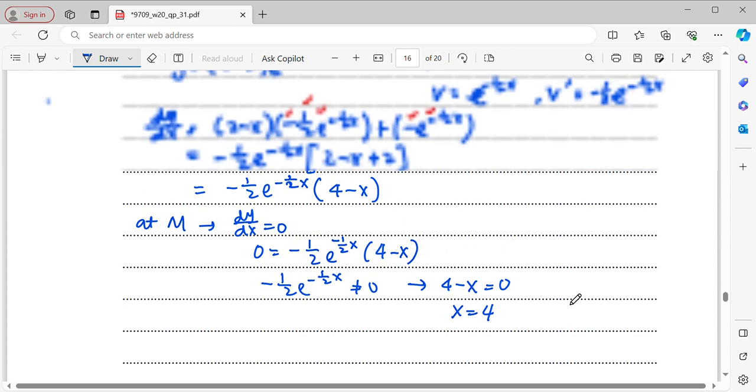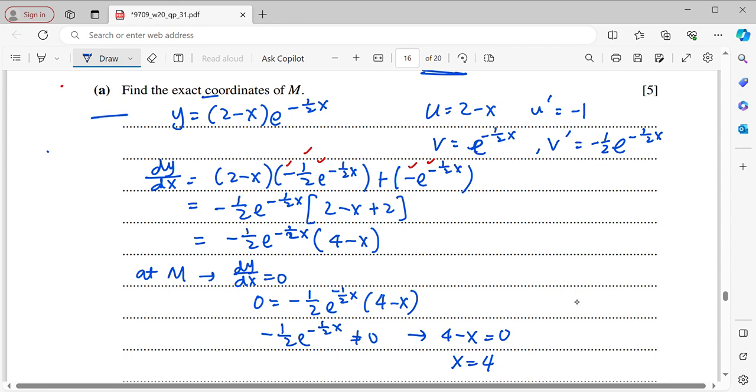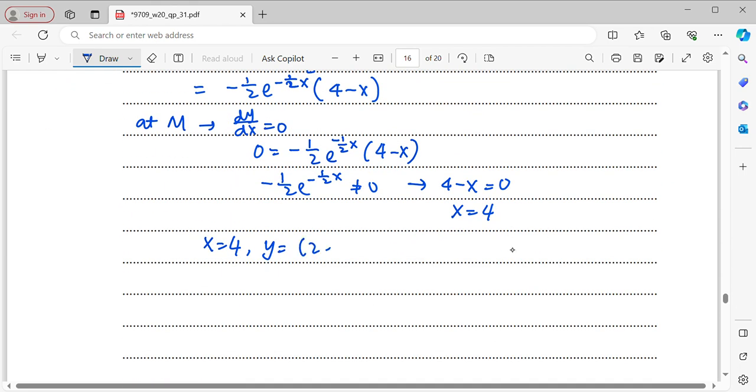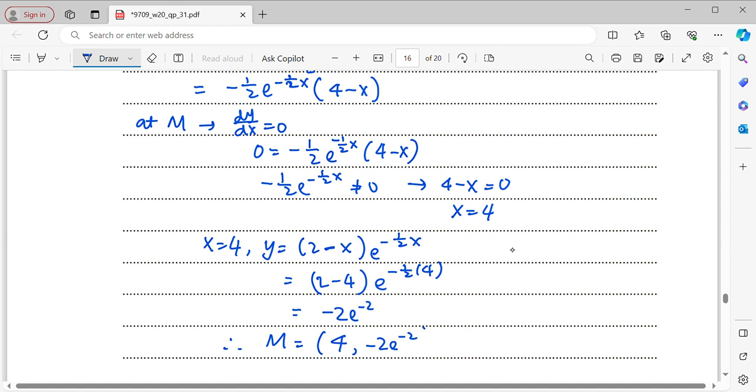So we found the x coordinate. Then now, just substitute the x into the y function. Then that will be the y coordinate of M. So when x equals 4, your y is 2 minus x times e negative half x. That means this is going to be 2 minus 4 times e negative half times 4, which is minus 2e negative 2. That means M is with coordinates 4, negative 2e negative 2. So that's the exact coordinates of the point M.